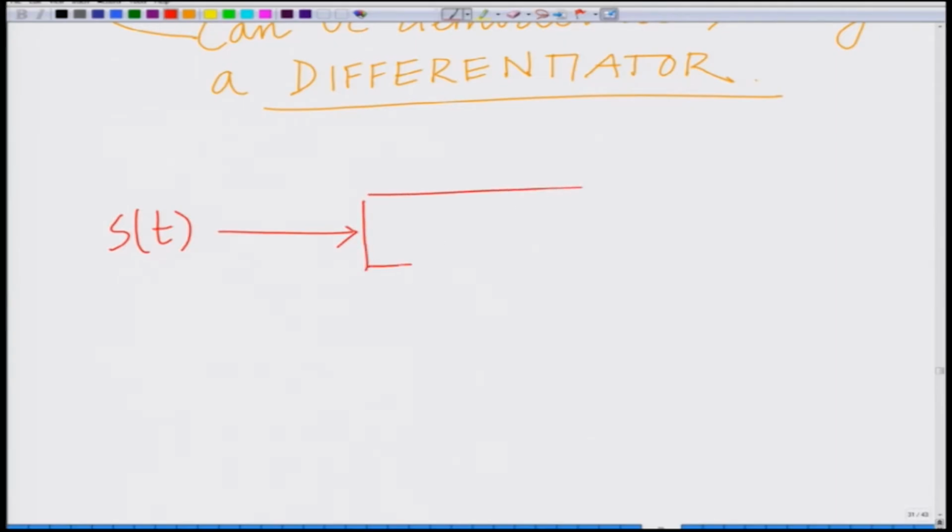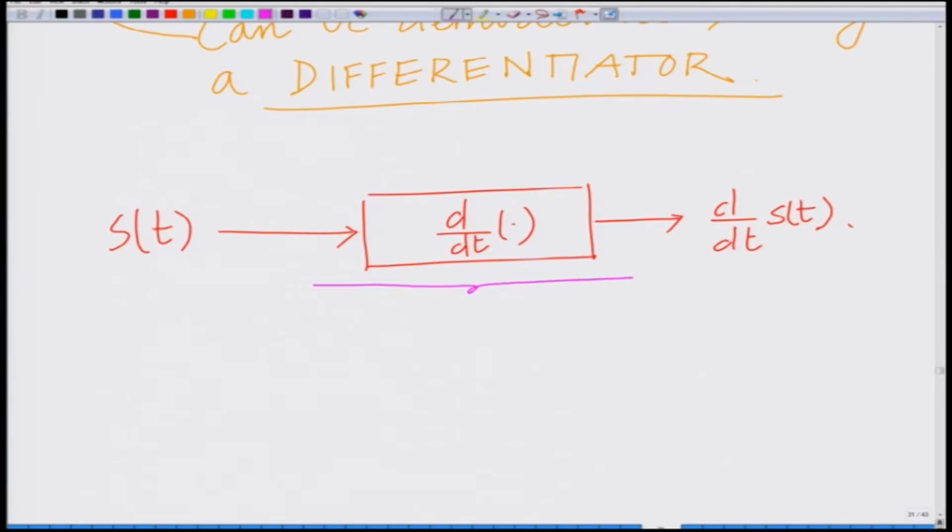I can give it as input to a differentiator circuit, which differentiates the input, and the output is d by dt of s of t. This is your differentiator circuit.